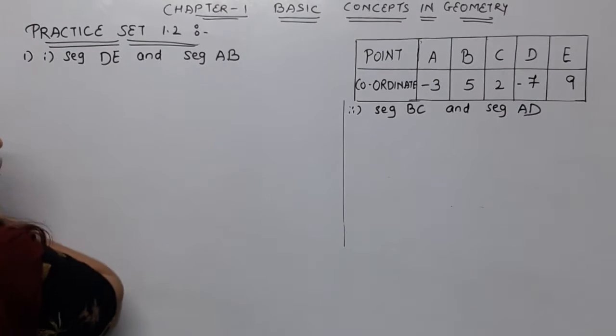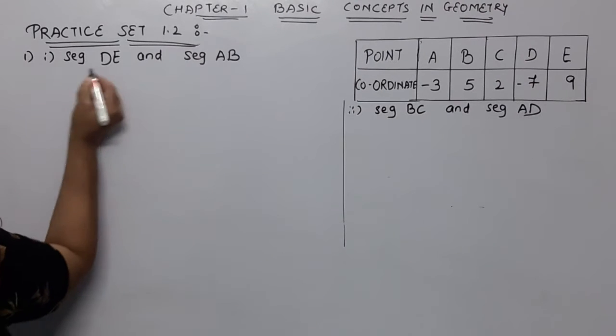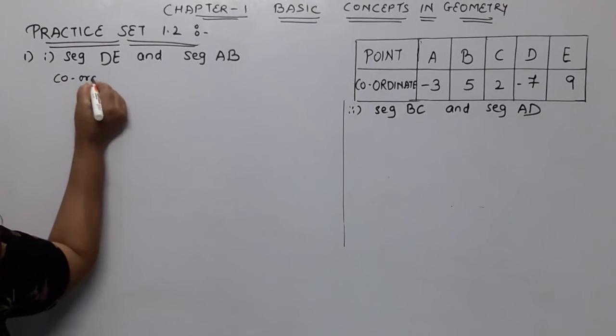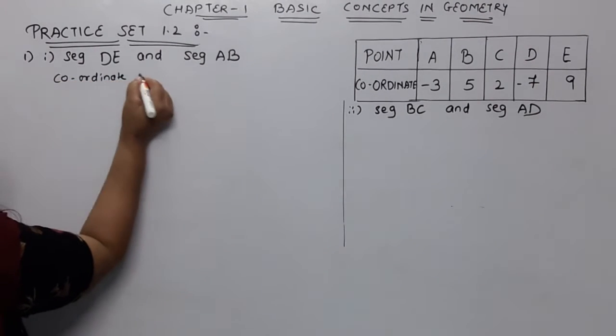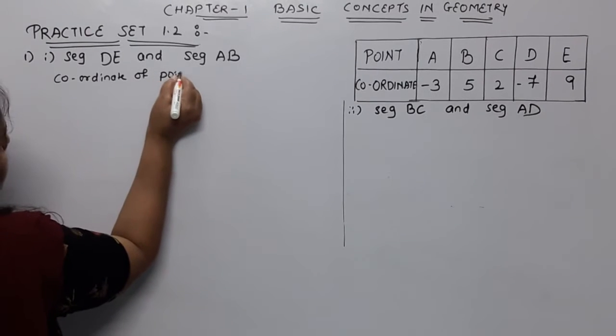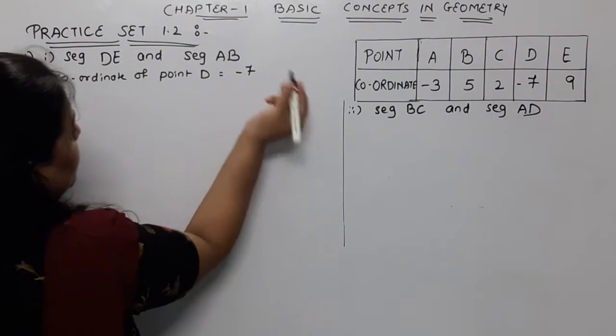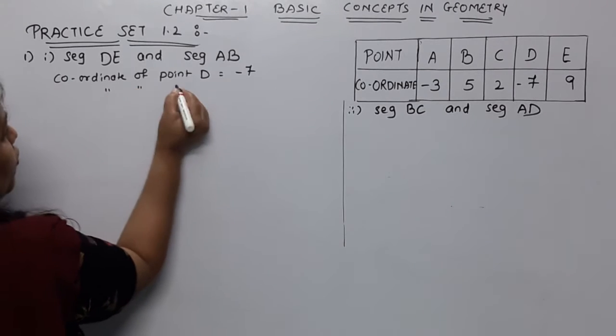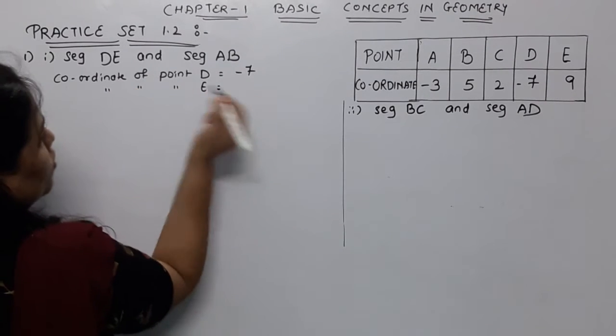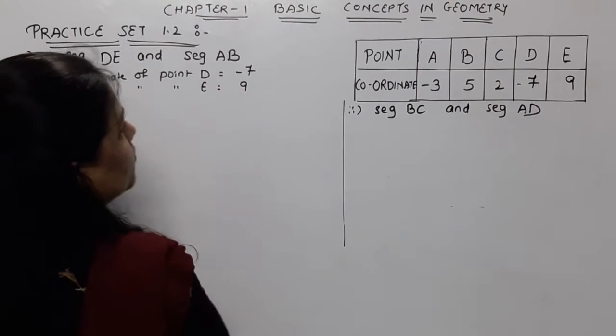So we'll take the coordinates of DE first. Coordinate of point D equals -7, and coordinate of point E equals 9, right?